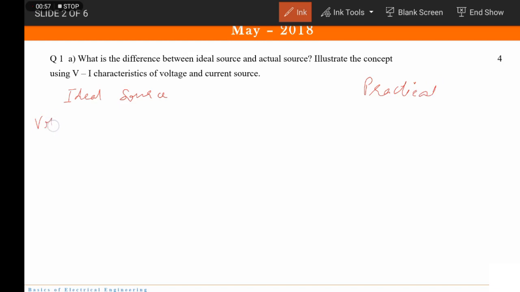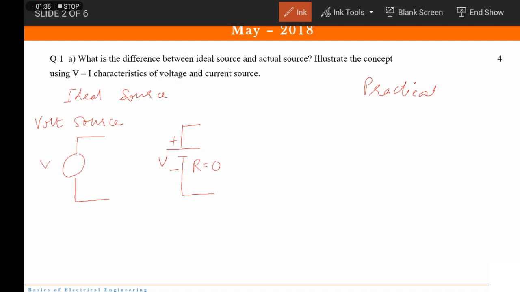If we talk about a voltage source, the voltage source is represented by this or this, and a voltage source is said to be an ideal voltage source if the internal resistance of that voltage source is 0. Please remember this. A voltage source is ideal if its internal resistance is 0.